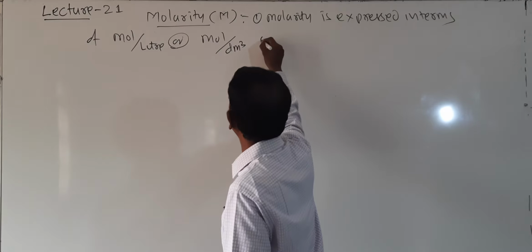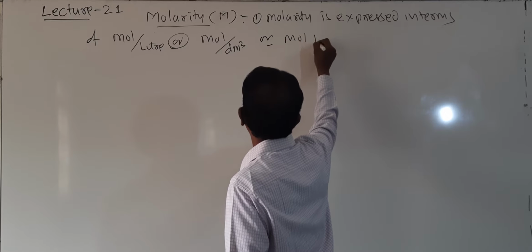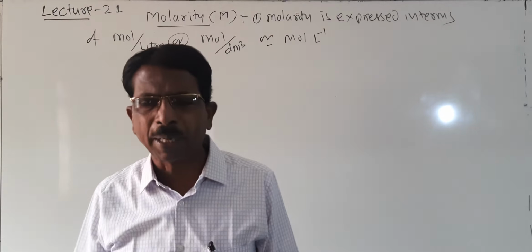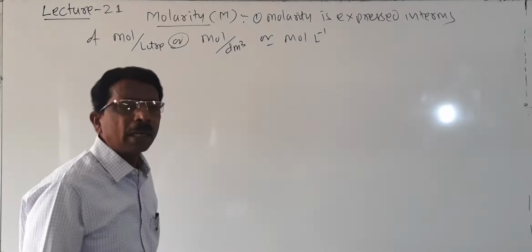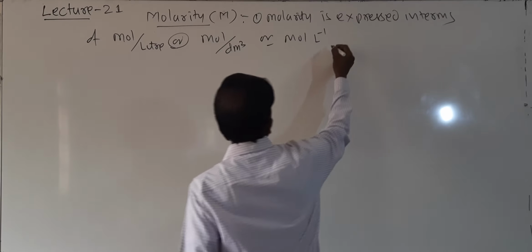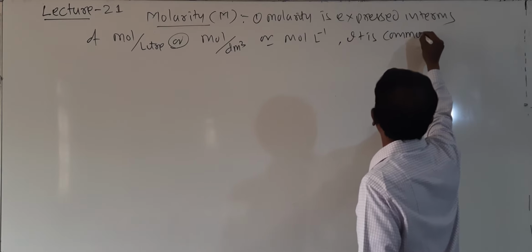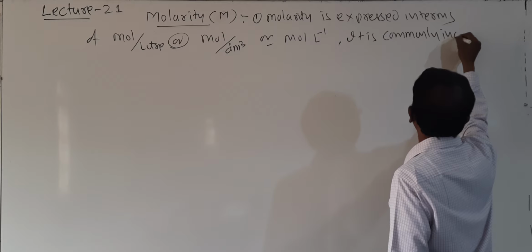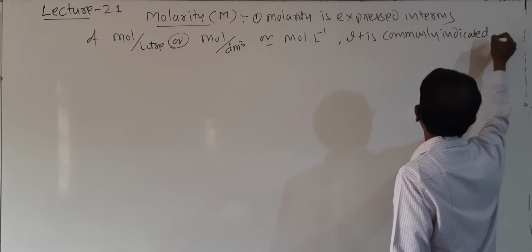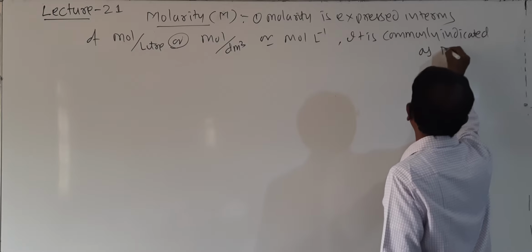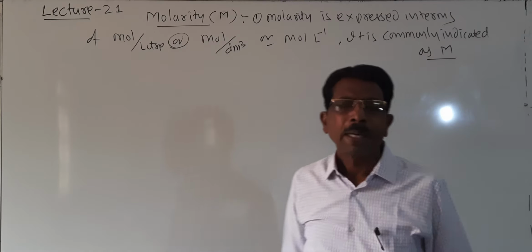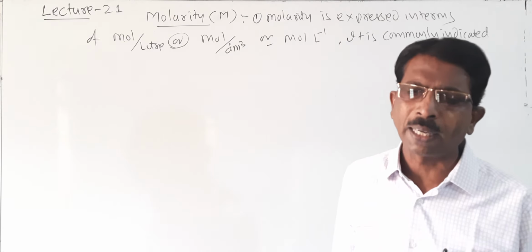It is also written like this, mole per liter, mole per dm cube. And it is commonly indicated as capital M.